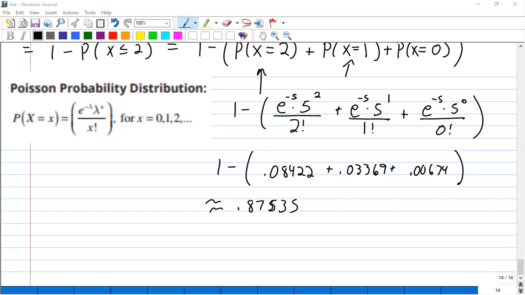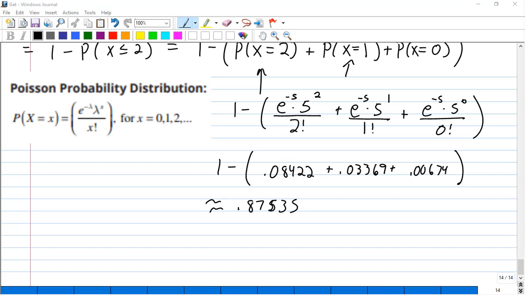So the probability that at least 3 use it is 0.87535, or about 87.5% chance that at least 3 people will use the teller machine within a 15-minute period. And it should make sense too.